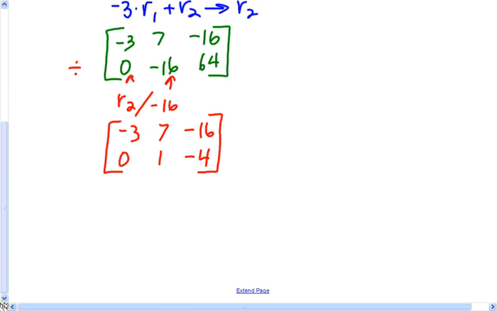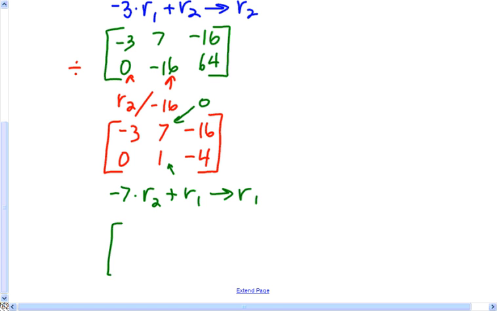Okay, now the top row, I need a 0 right there. I have a 1 here, which is kind of handy because I can multiply that by negative 7. So I'm going to take row 2 times negative 7, and then add that to row 1 and replace the top row, and that'll give me a 0 there.